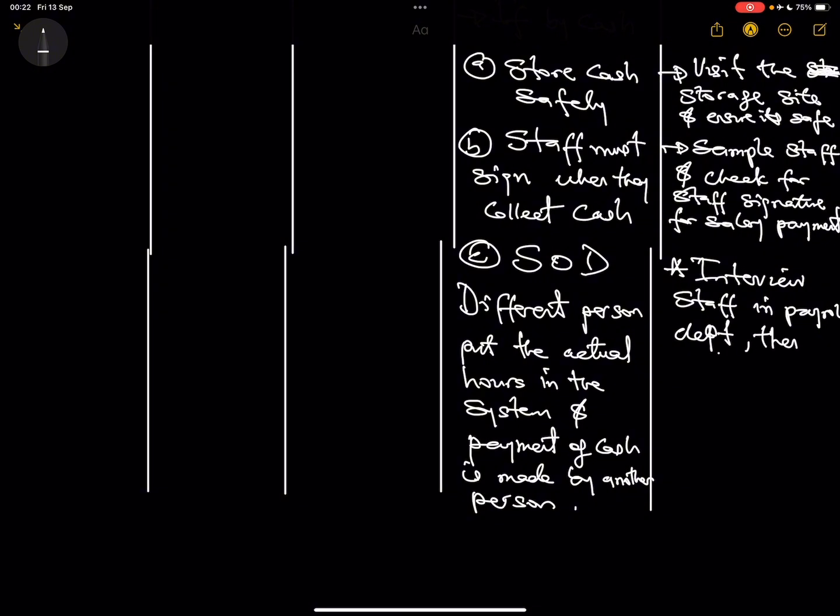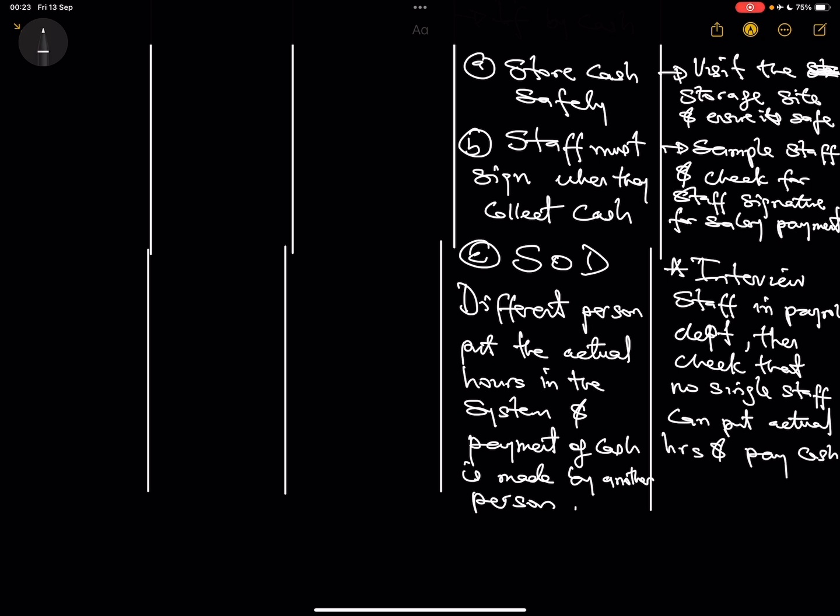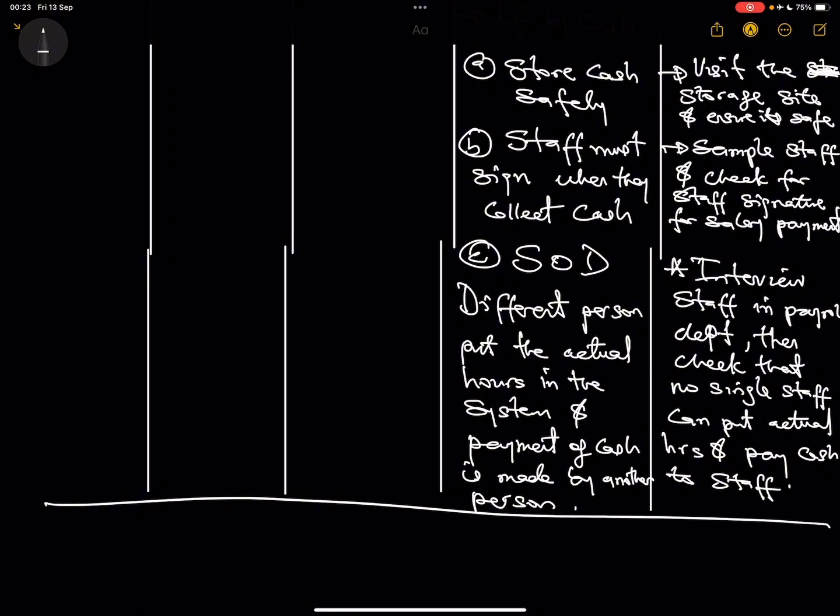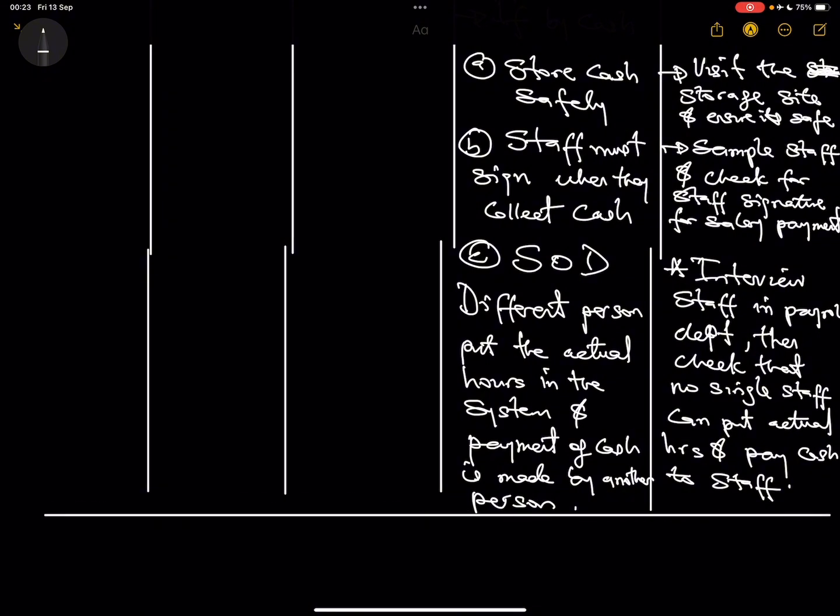Then check that no single staff can put actual hours and pay cash to staff. Very important, and that is it for payroll process.